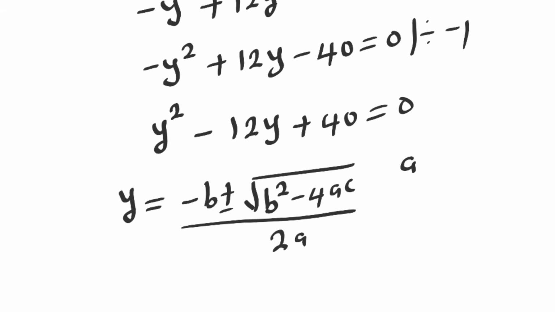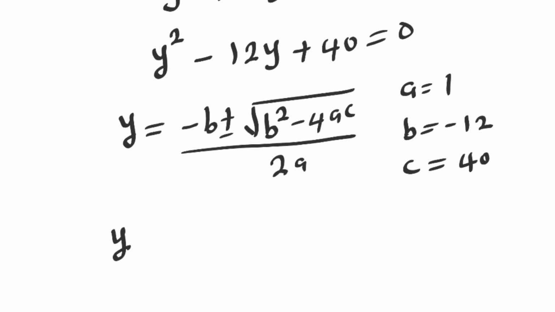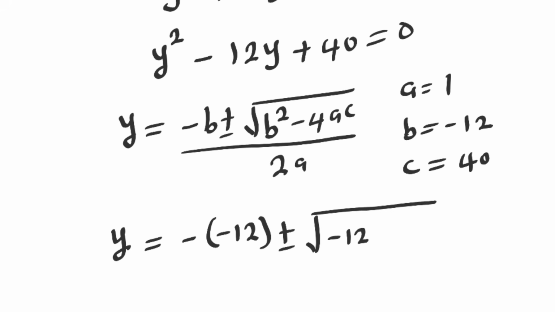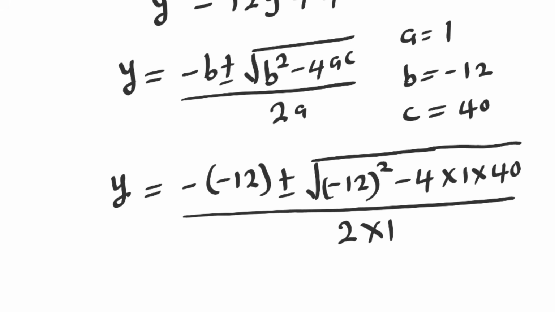From this equation, a is equal to 1, b is equal to minus 12, c is equal to 40. y is equal to minus bracket minus 12 plus or minus square root of minus 12 square minus 4 multiplied by 1 multiplied by 40, divided by 2 multiplied by 1.